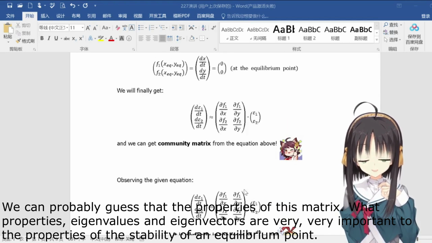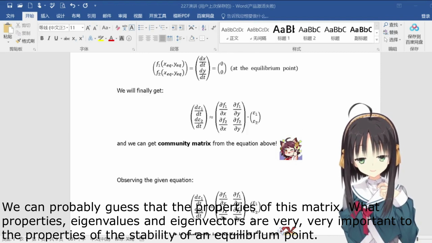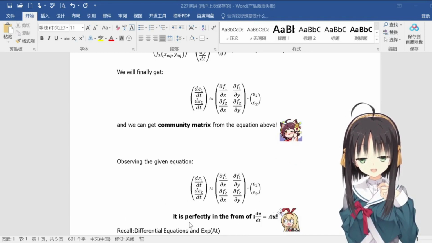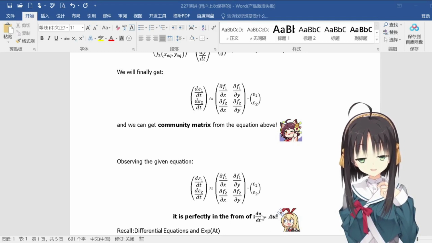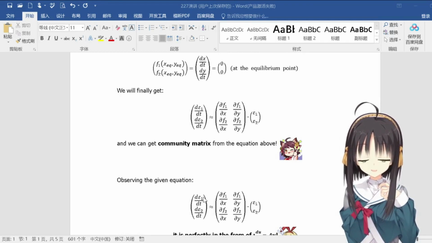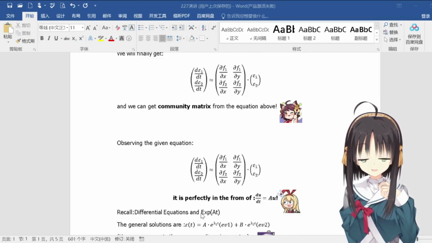And let's look at this form of functions again. It is perfectly in the form of du/dt equals Au. And let's recall again the concept in differential equations: x and exponential At.